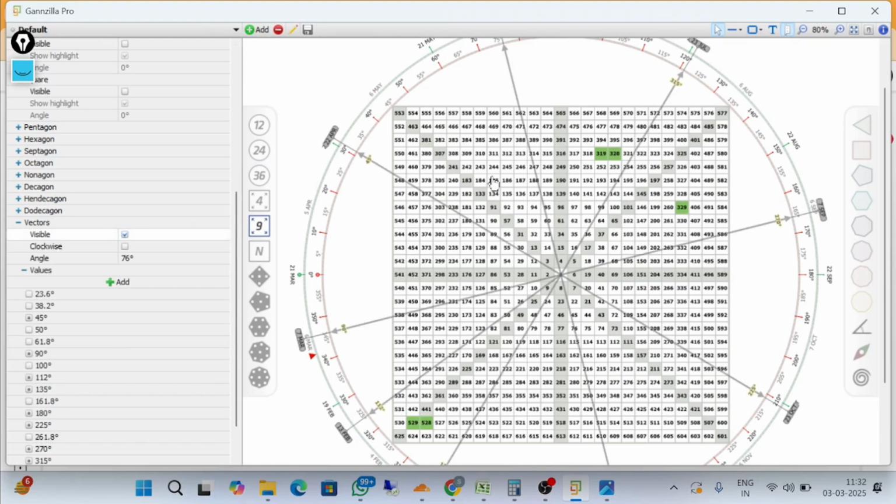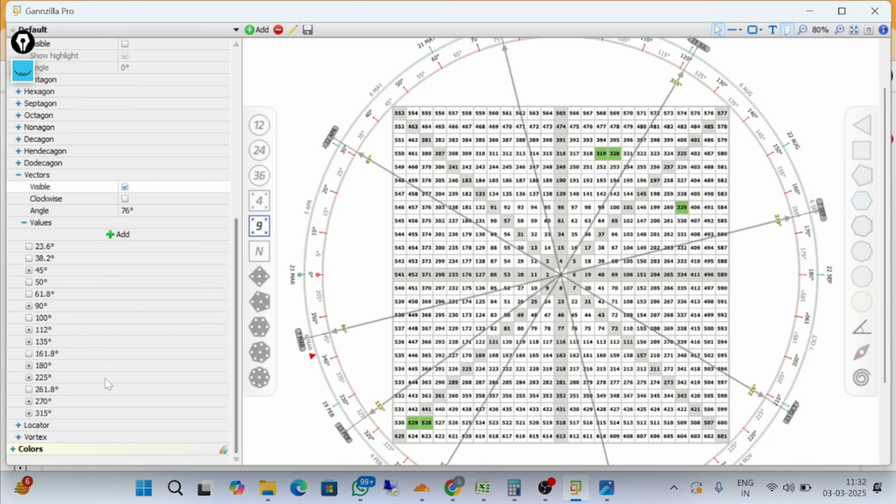I have already put up 45 degree, 90 degree, but I'll cancel this. See, here is 45, 90, 112 I don't want. 135 is okay. 225 is also okay. 270 is also okay. Now see, 0 degree and 360 degree are always inbuilt.